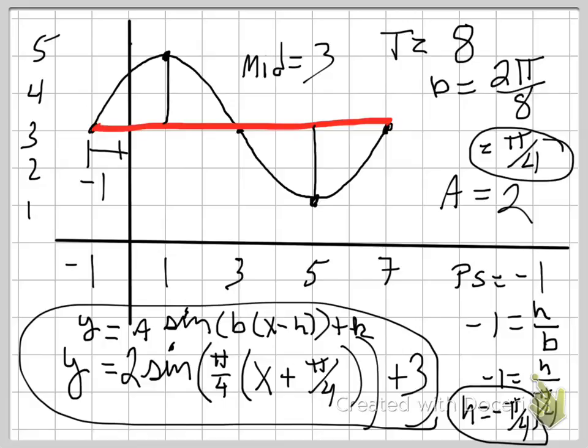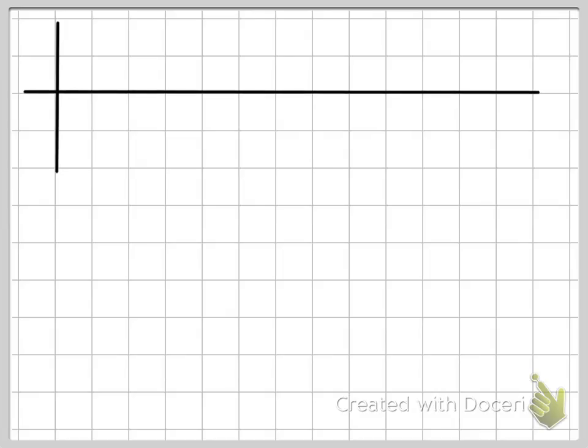Okay. Oh, let's see how much time. Oh, we got all kinds of time. Let's do another one. Let's see how well I can draw again. Okay. This time we'll do a little shorter one. Okay, here's x, here's y, a little.